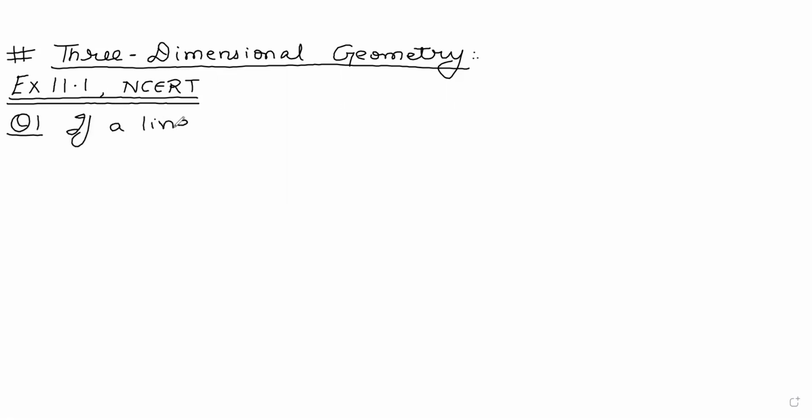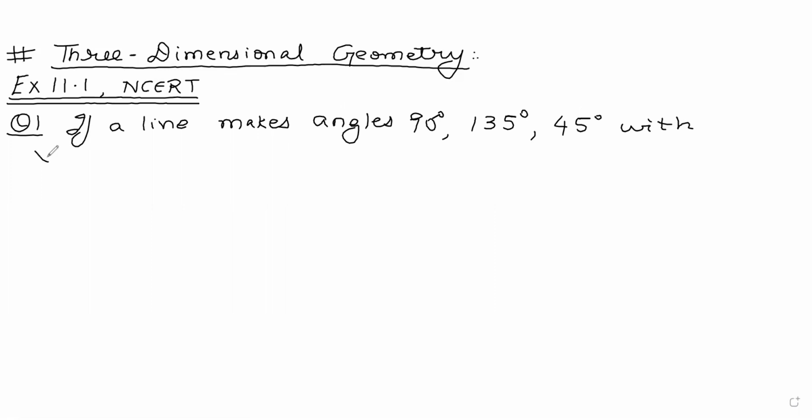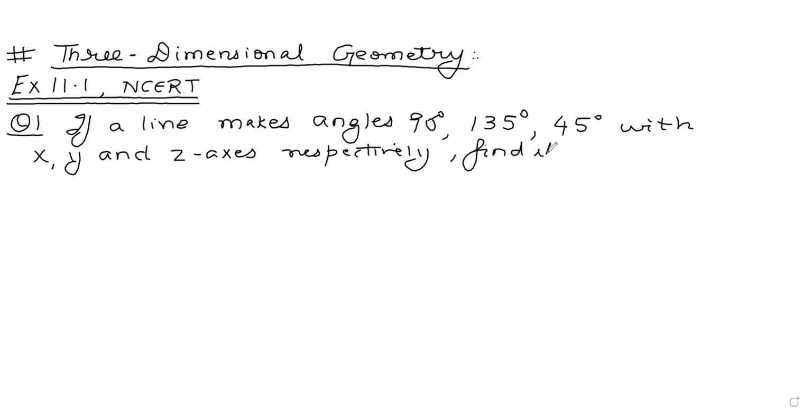If a line makes angles 90 degree, 135 degree, and 45 degree with the X, Y, and Z axis respectively, find its direction cosines.